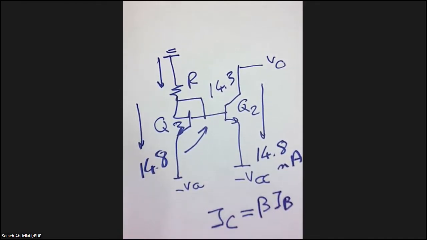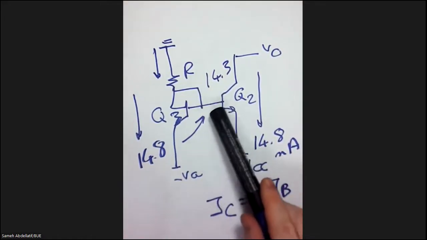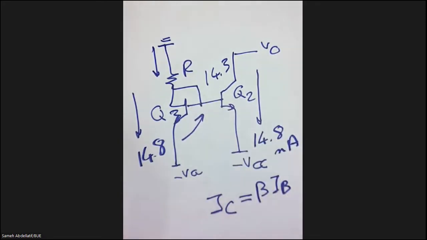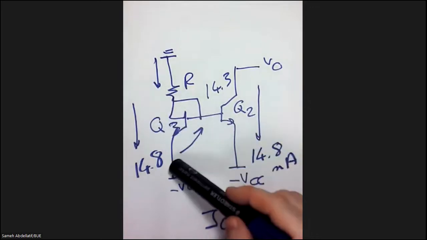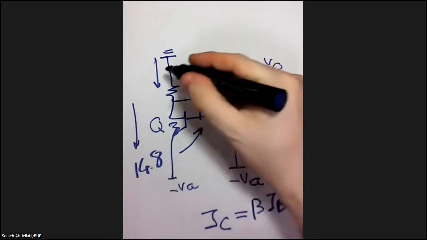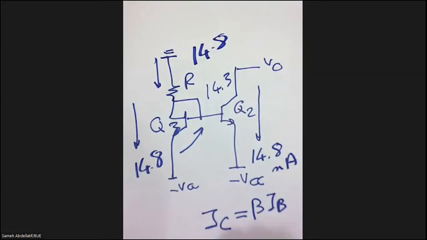So for very high beta, the value of IB is extremely small, which makes you capable of assuming that the current flowing in this branch, which is the summation of the base currents in Q2 and Q3, is very, very low with respect to the current flowing here. That's why you can assume simply that the current flowing in the resistance is 14.8.